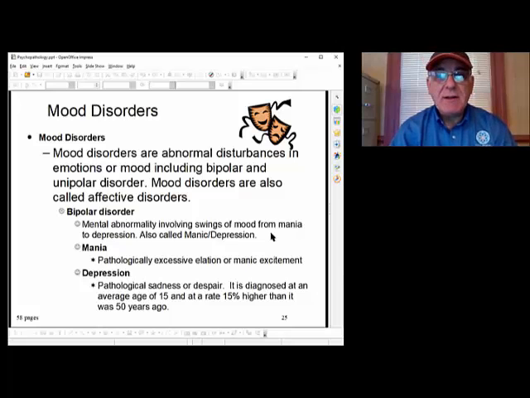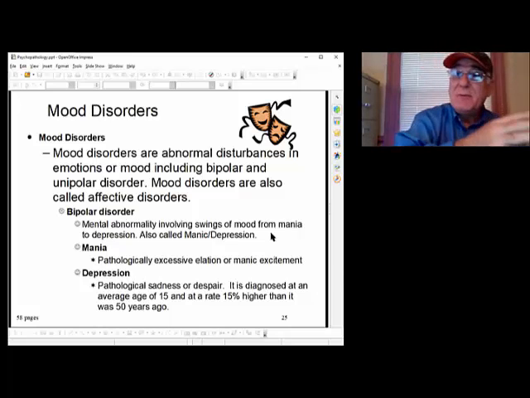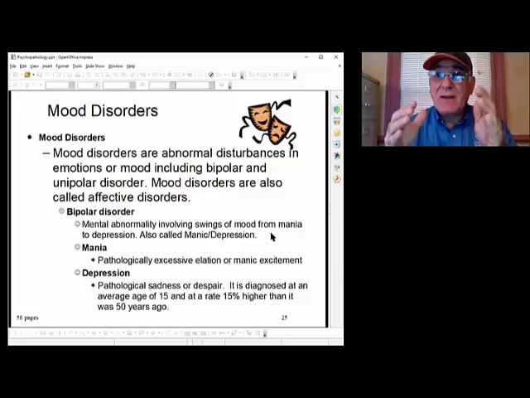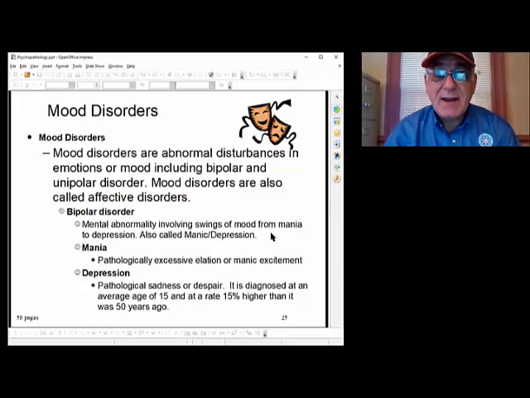And bipolar has been diagnosed at an average age of 15. So there are people earlier and people later, an average age of 15, and at a rate 15% higher than it was 50 years ago. For some reason, there's a lot more bipolar being diagnosed.